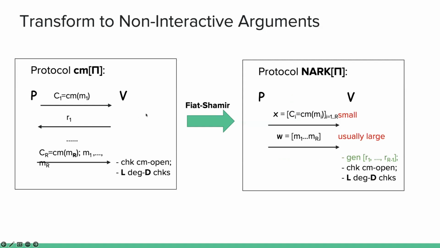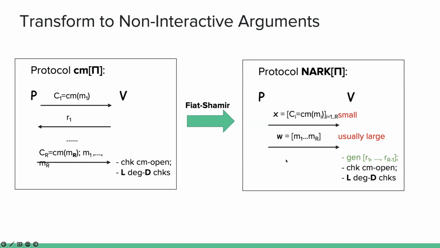After having this committed protocol, the scheme will use Fiat-Shamir to make it non-interactive. Basically, instead of letting the verifier generate the randomness, we use a hash function and generate random challenges using the transcript.